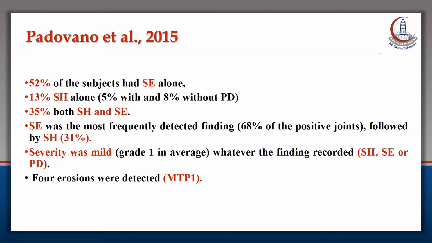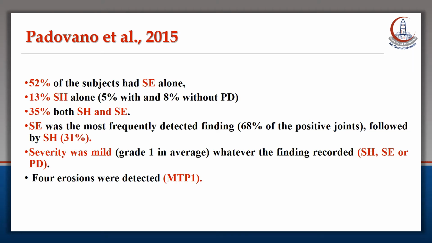Regarding detailed results, about 52% of subjects had synovial effusion alone, 13% had synovial hypertrophy alone, 5% of them with positive Doppler signal, and 8% without positive Doppler signal. 35% of subjects had both synovial effusion and synovial hypertrophy. In general, synovial effusion was the most frequently detected finding, followed by synovial hypertrophy.